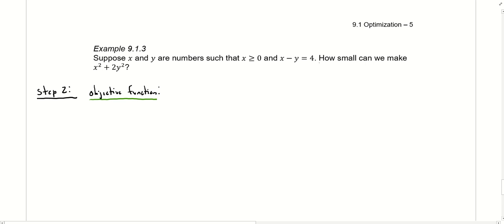So this is my objective function. I want to minimize. And I'm going to call this thing a function of x, even though there's a y in there. As we'll see in a second, we're going to get rid of that y with the constraints. So I want to minimize this function, x squared plus 2y squared.